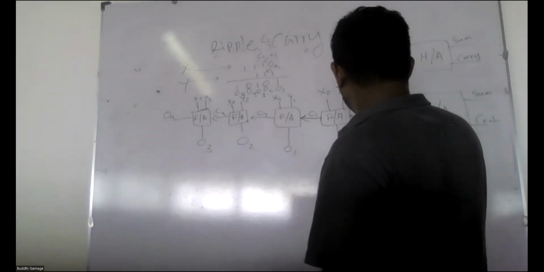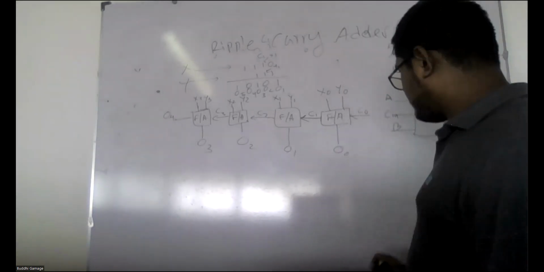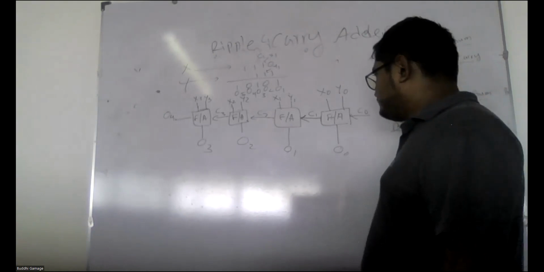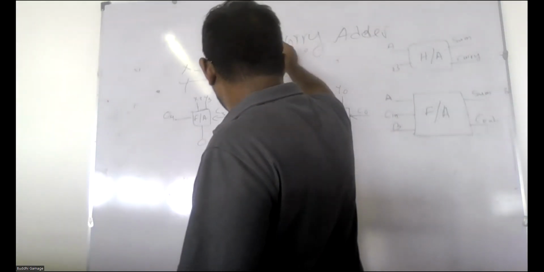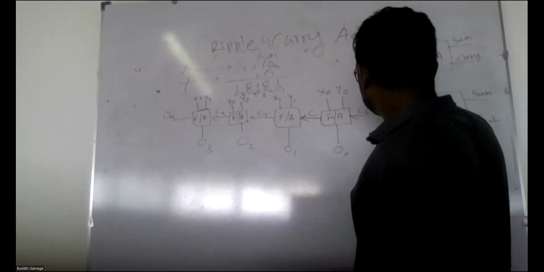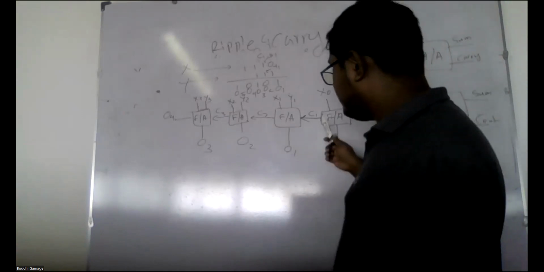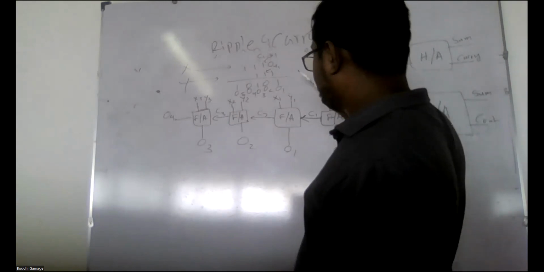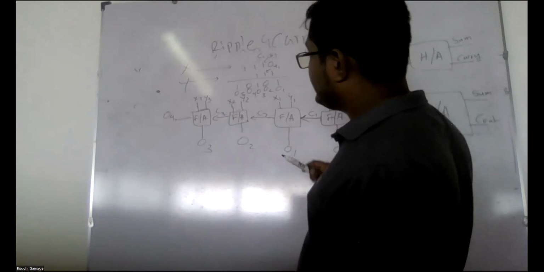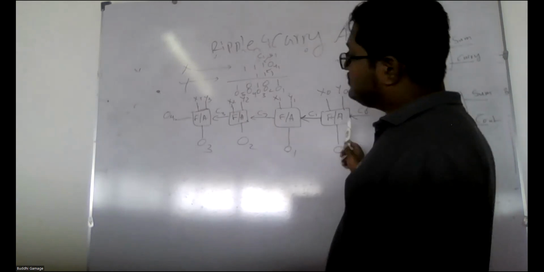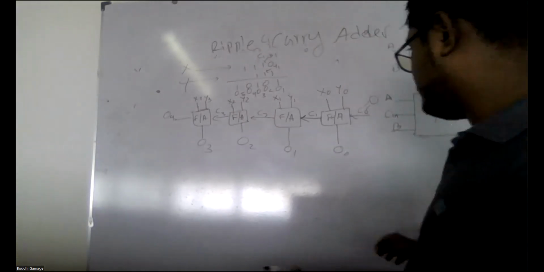So there should be another carry in bit. So it is C0. So what that means is this C0 is always 0. So we can derive this 4-bit binary addition by using 4 full adder circuits.